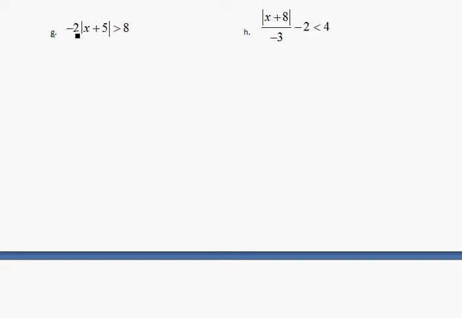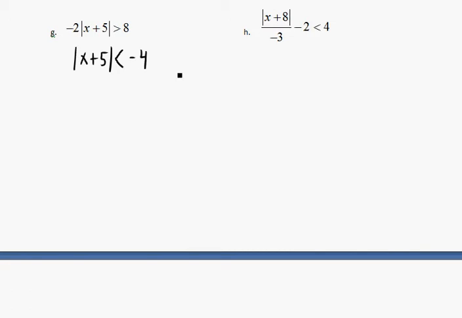So, in order to get rid of this negative 2, I will divide both sides of the inequality by negative 2. Recall that when you divide both sides of an inequality by a negative, you must switch the direction of the inequality. So if I divide the left side by negative 2, I get rid of it. And if I divide the right side by negative 2, I get negative 4.